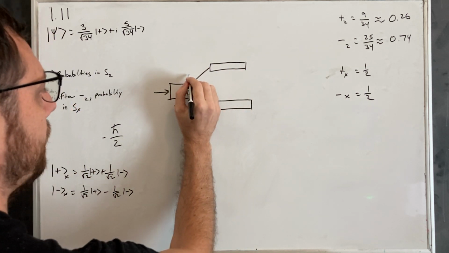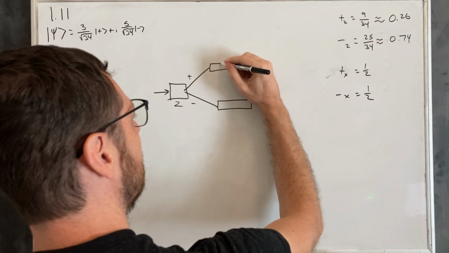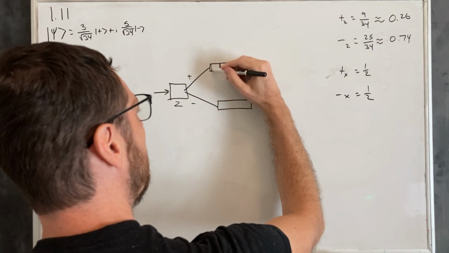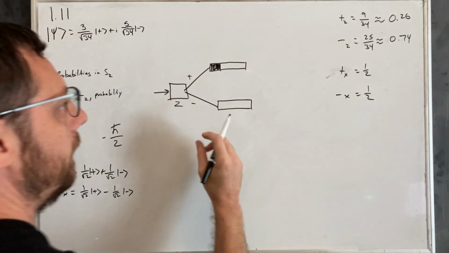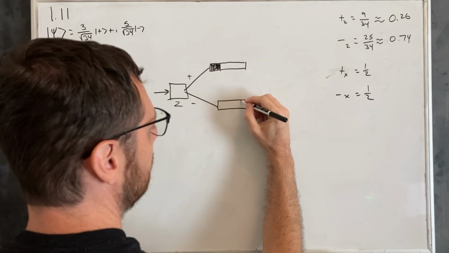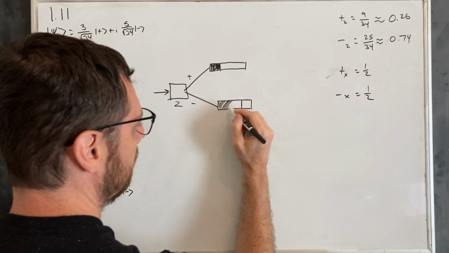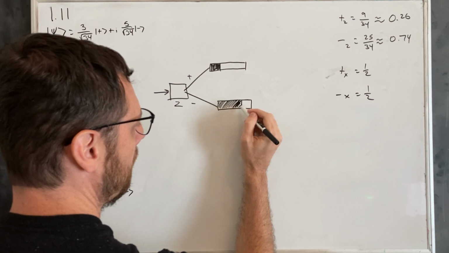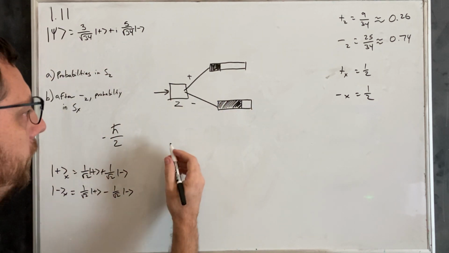So in the up direction is up, this is down. The up direction, we had 0.26, so about a quarter here. Quarter of the case, we found upspin, and 0.74, so about 3/4. Here we found downspin.